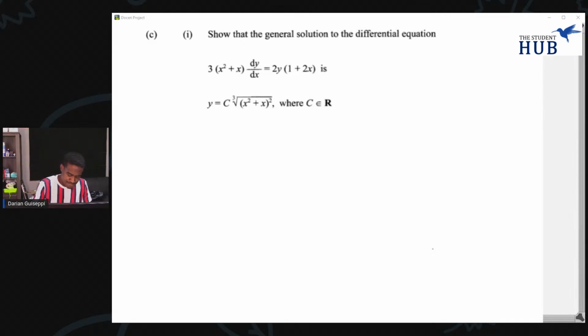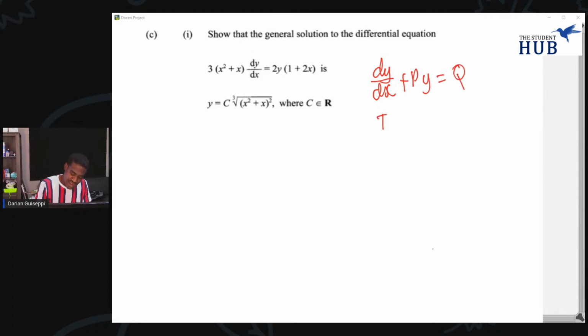And yeah, let's continue with this question. What we need to do is rearrange it, because for first order differential equations, we need to make sure the differential equation is of the form dy dx plus py is equal to q.